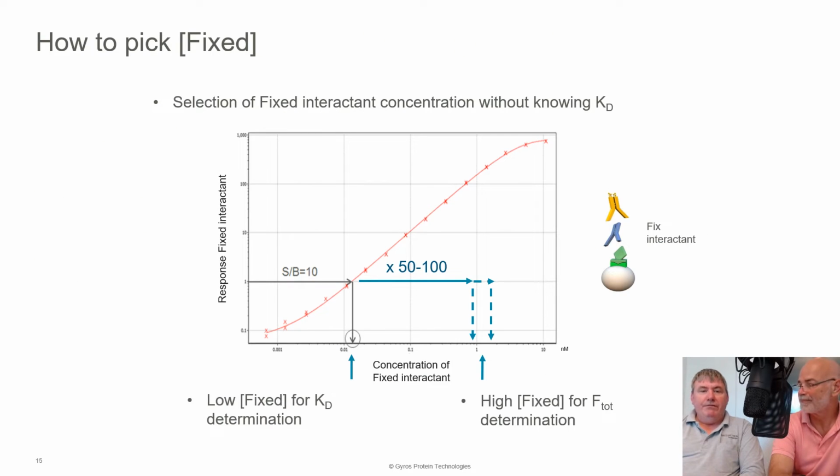So as already indicated, you need to decide how you're going to determine your concentration of fixed analyte as part of the assay. As mentioned, as a minimum we try to go 10 times the signal to blank.